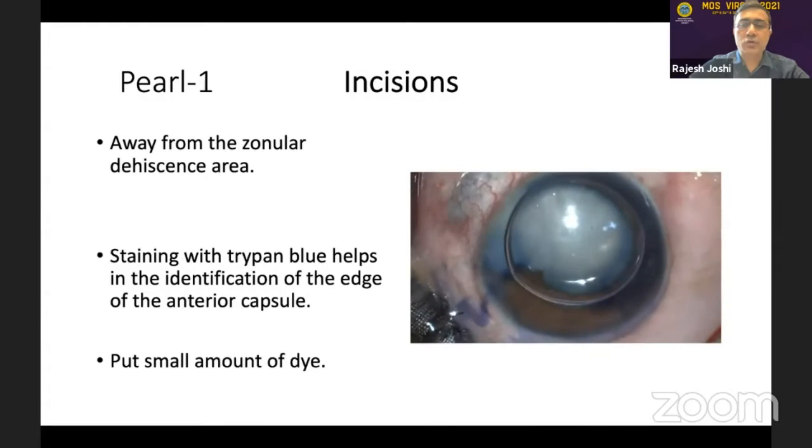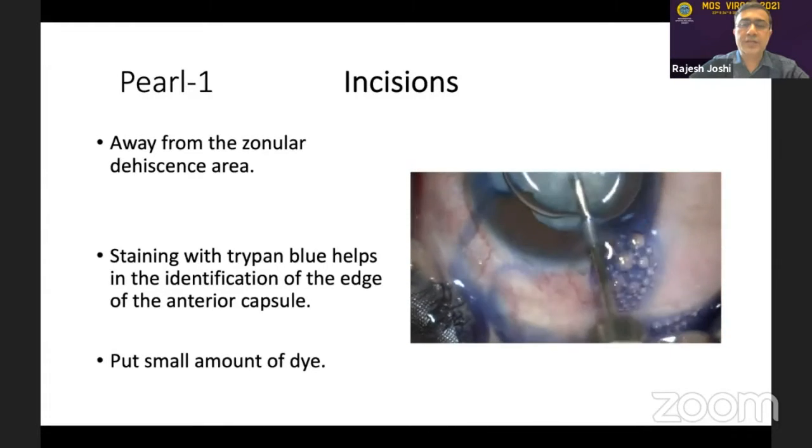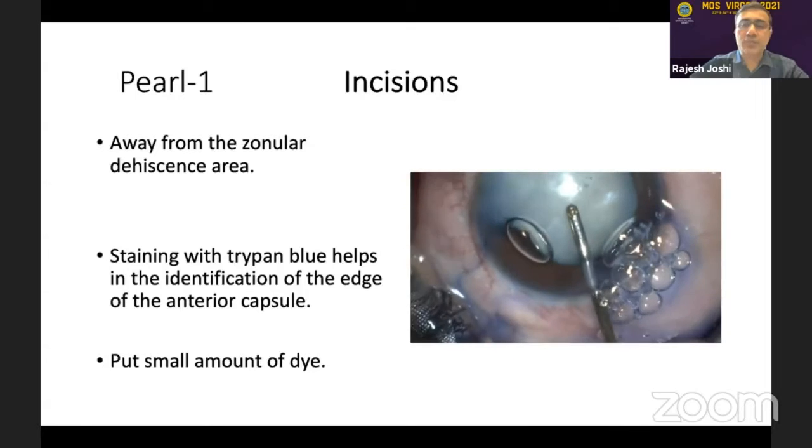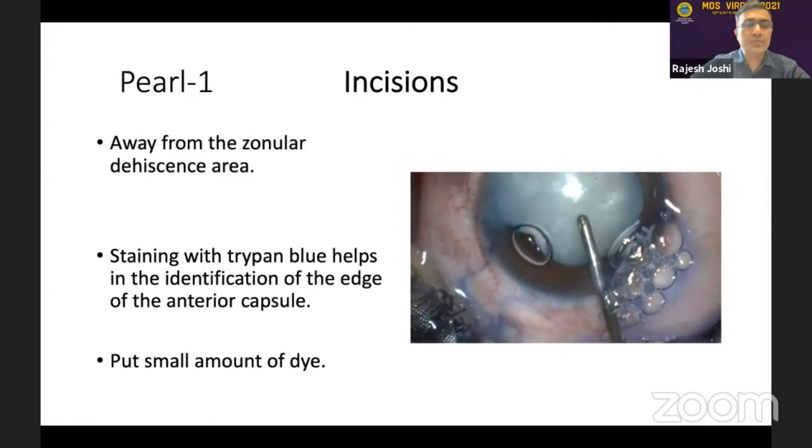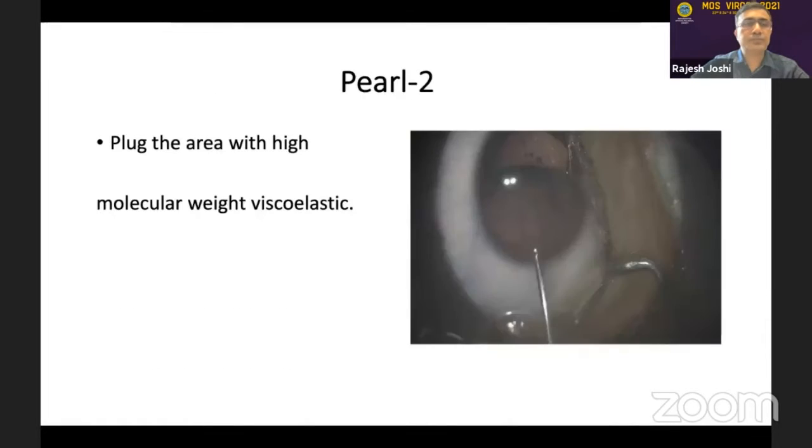Staining with trypan blue always comes in handy because in a white cataract you need to see the anterior capsular margin, and performing phacoemulsification becomes easy if the anterior capsular margin is easily seen. Apart from that, you can put the capsular tension ring inside the bag.